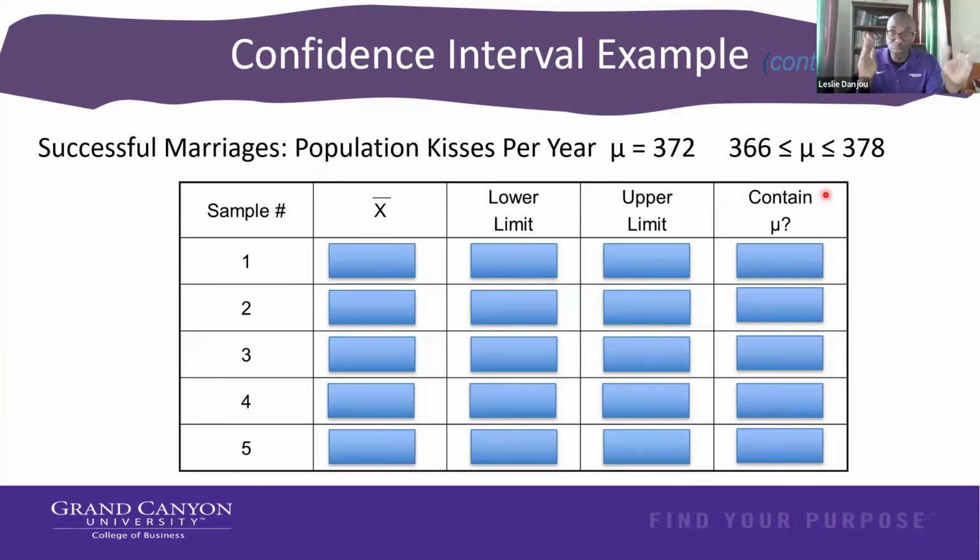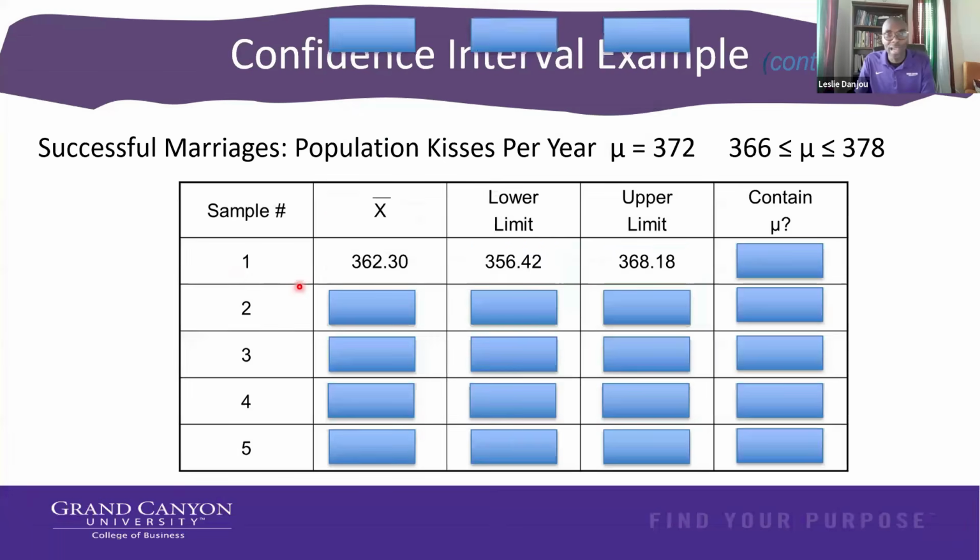Your lower limit and your upper limit must in some way hit the population's lower limit and upper limit. So just imagine, this is all hypothetical, so you can get the vision of what's going on right here. Just imagine we had a sample of couples. This first sample of couples, their average was 362.